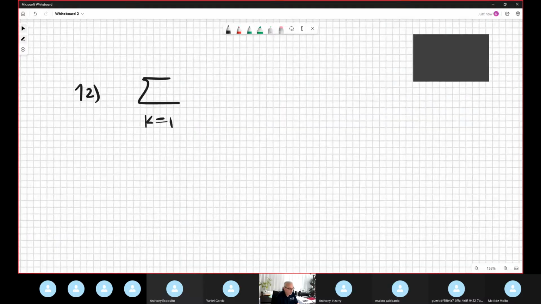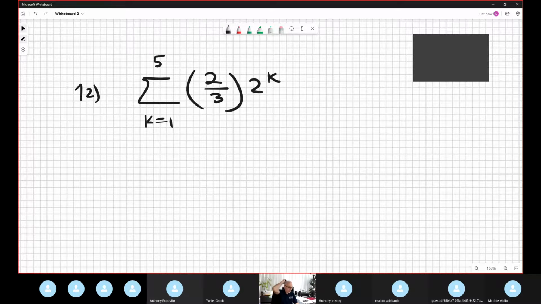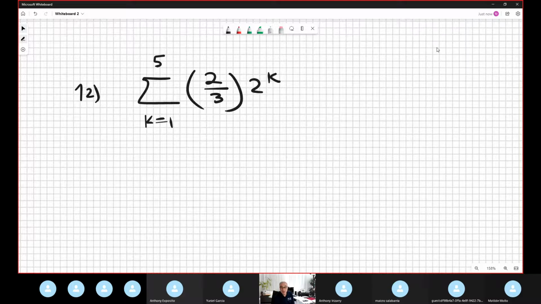Okay. To 5 of parentheses 2 thirds raised to the 2 to the k power. So you realize that you are in front of a geometric sequence. What is the reason?